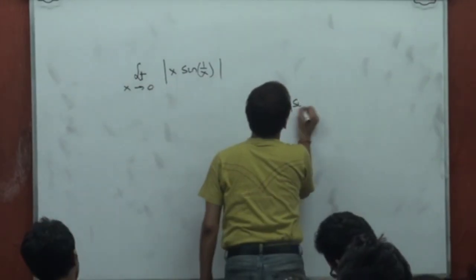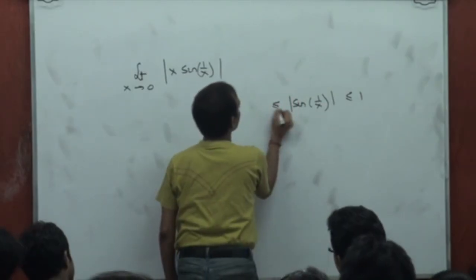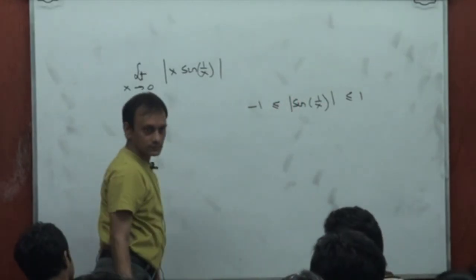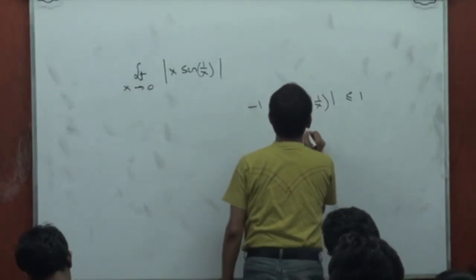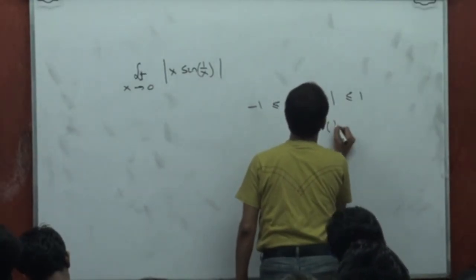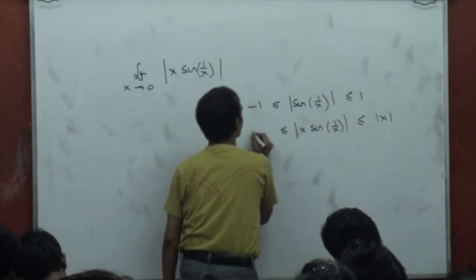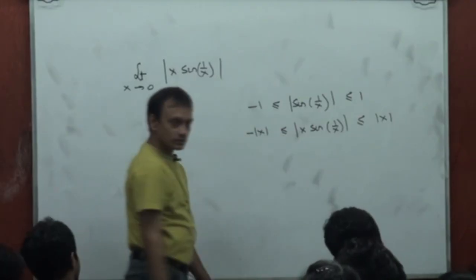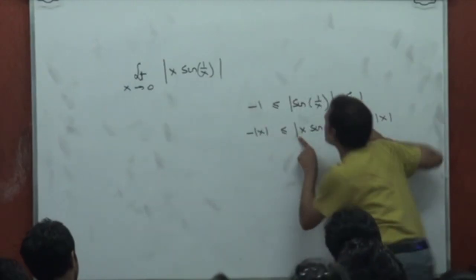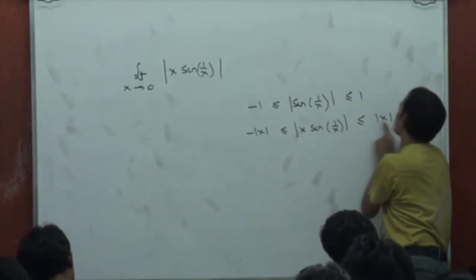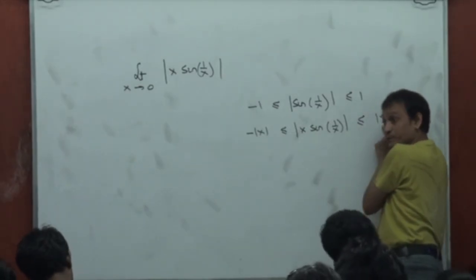Realize that mod sin(1/x) will always be less than or equal to 1, greater than or equal to minus 1. Therefore, multiplying by mod x throughout, mod x sin(1/x) will always be less than or equal to mod x, but greater than or equal to minus mod x. That means this function is sandwiched between a lower bound function minus mod x and an upper bound function plus mod x.